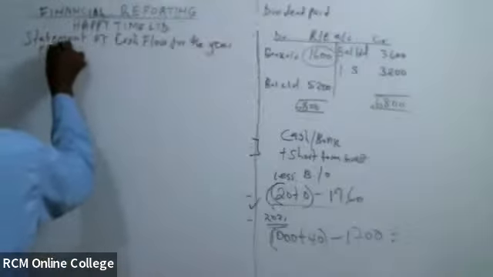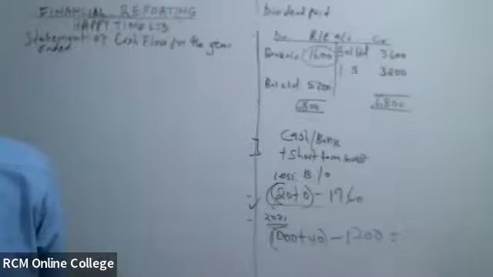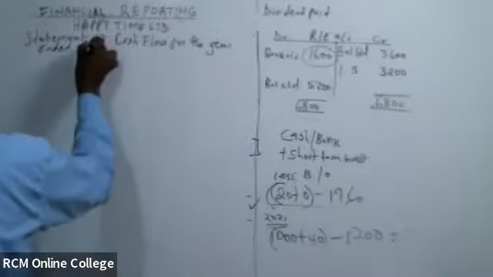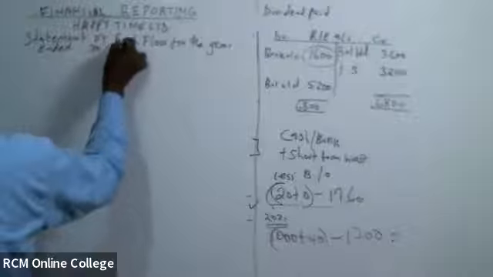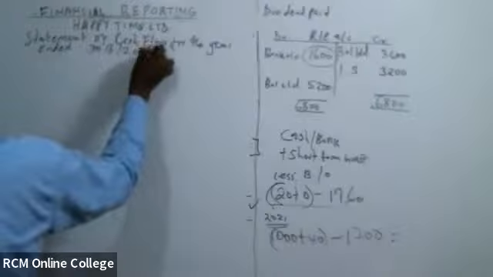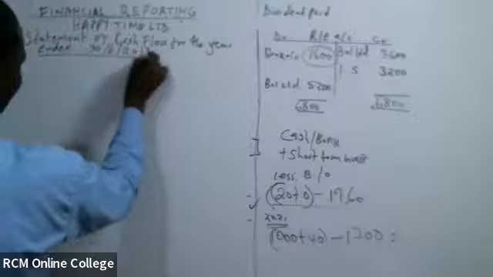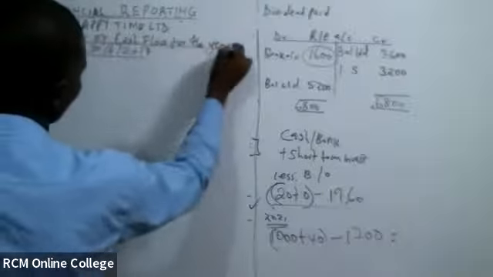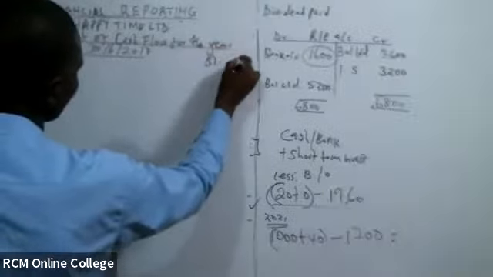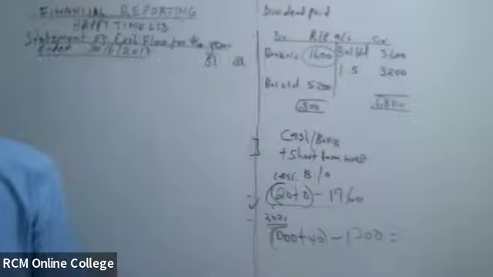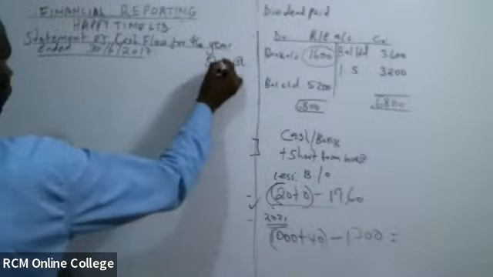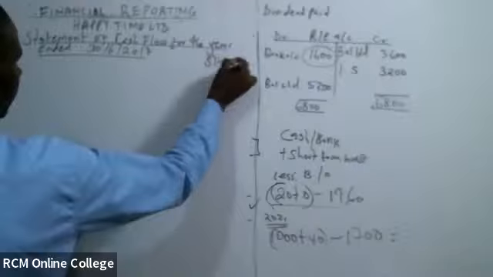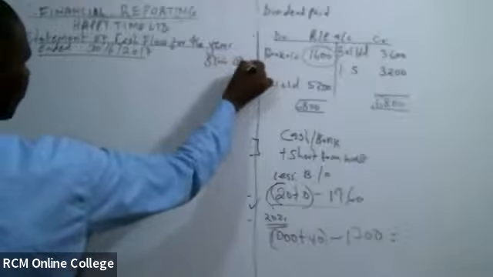Just have that heading for the year ended 30th of June 2017, and underline. As usual, we use two columns. Shillings, like 1,000 like that.